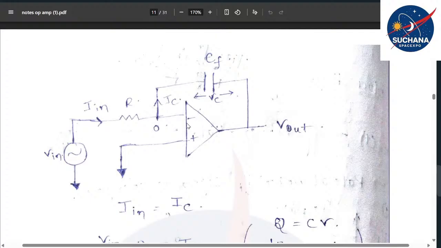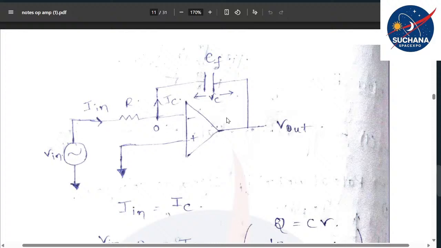But we are doing this integration with the help of the inverting terminal, not the non-inverting terminal. So minus of minus cos x will become cos x. So you will get a cos x, a positive cosine wave. No phase shift, no 180 degrees turn. Directly you will get a cos wave as the output. So now we need to analyze mathematically how this particular circuit can really make an integration.